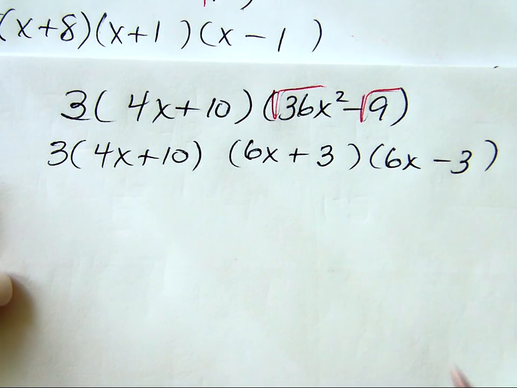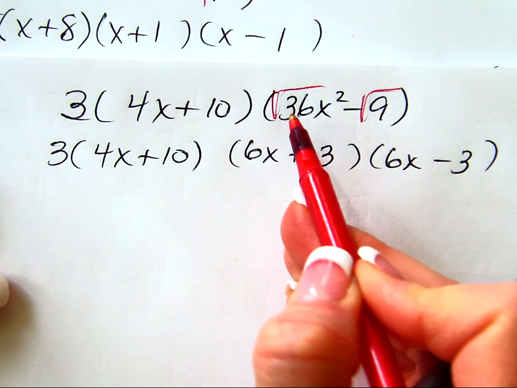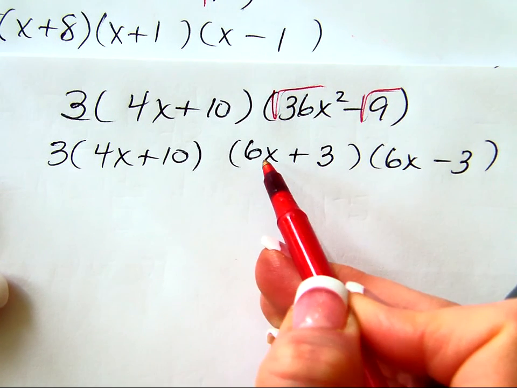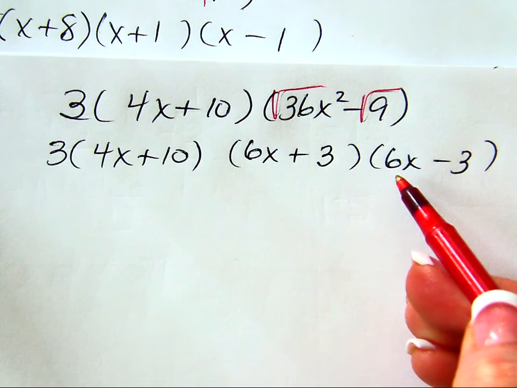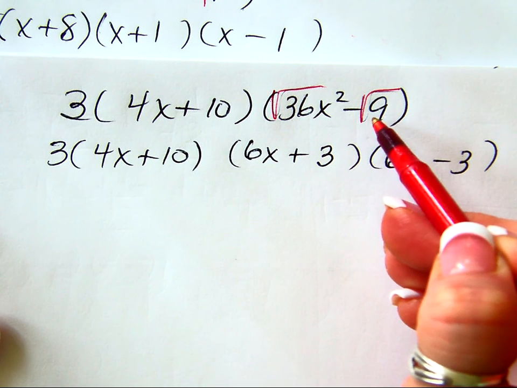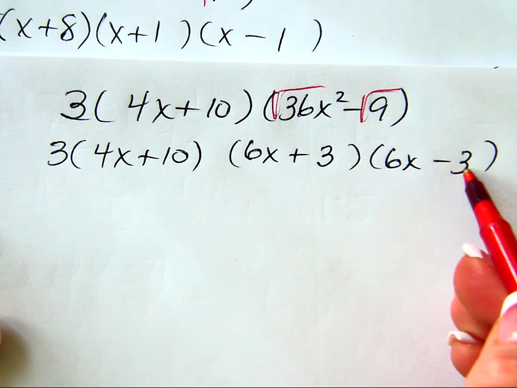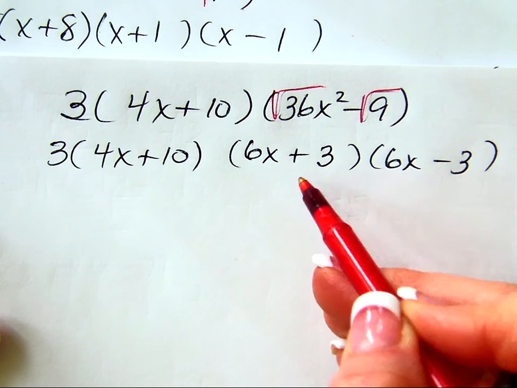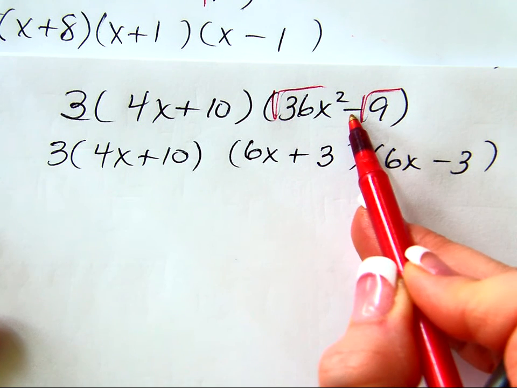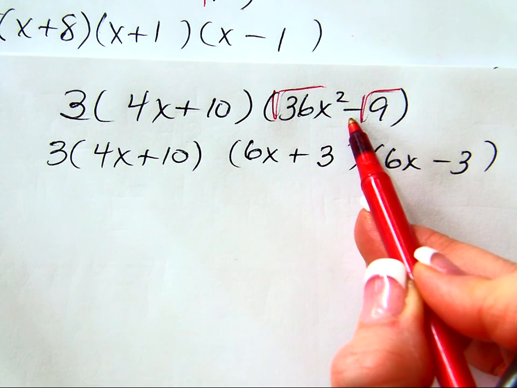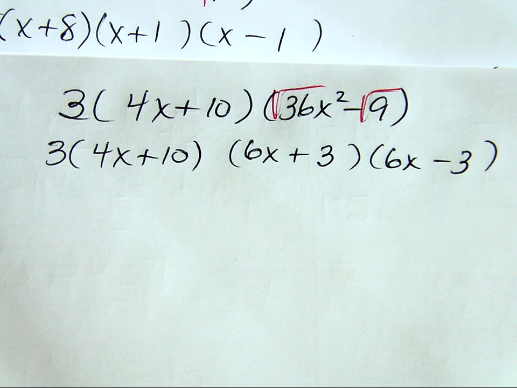So what times what gave me 36x squared? 6x times 6x, right? What times what gave me 9? 3 times 3. And how did I know to make one of each sign? Because it's a negative 9. We have to put it down. Absolutely. If you don't, it's going to be wrong because it's not factored completely. The directions on the worksheet say factor completely.